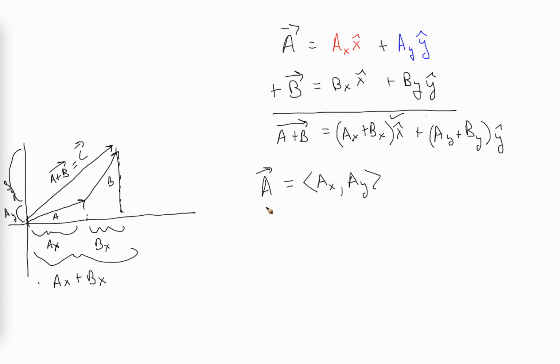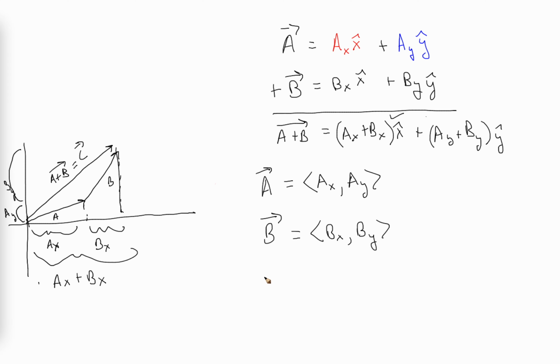And this is exactly like what we saw before. This basically says you go this far on the x-axis, and you go this far on the y-axis, and then you draw your arrow from here to there. And that's the vector a. Okay, and we likewise have the vector b, which is going to be b sub x and b sub y.